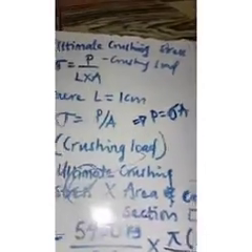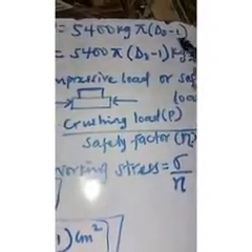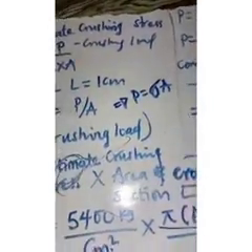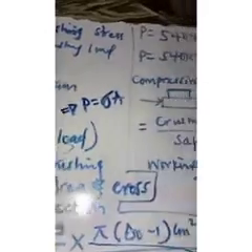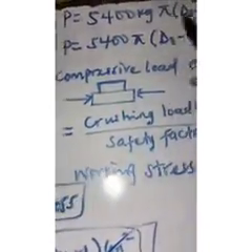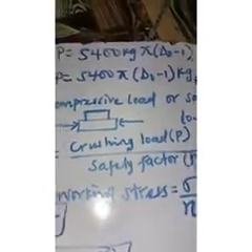So this was one of the ones that took a bit of time. So you can have your load as this. Then remember that the centimeter here cancels the centimeter for the area. You can have this as the crushing load.